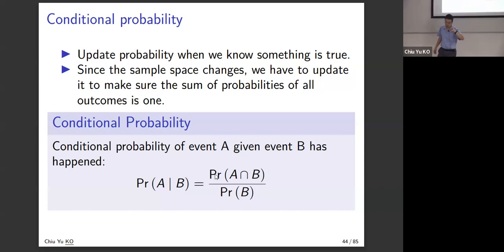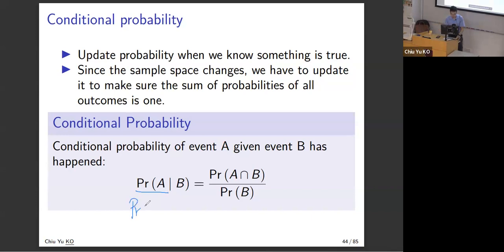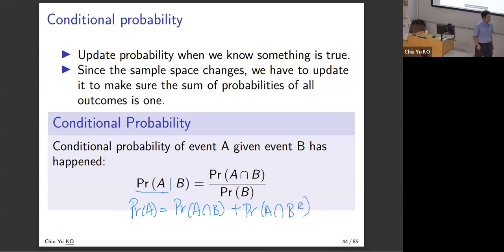If B is true, then the only thing that matters is A intersect B, because A can be written as A intersect B and A intersect B complement. That is the total probability rule. And we are now telling you that B is going to be true. That means B complement must be false. So that's why we are only left with the first term.